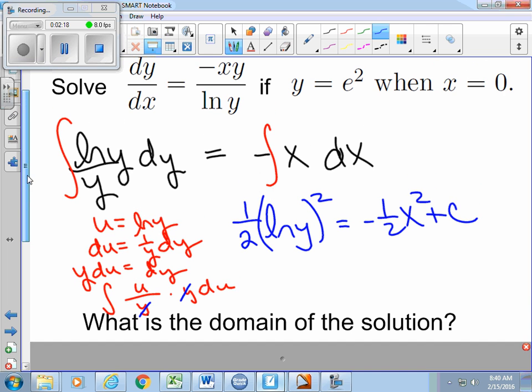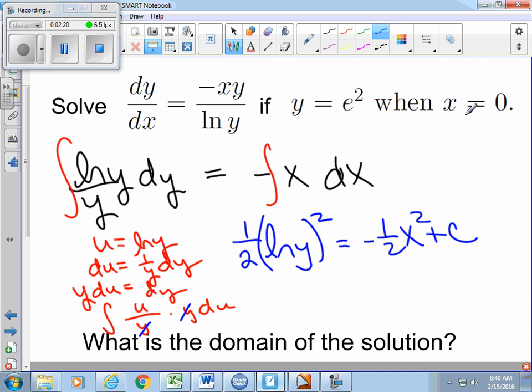I want to find c, so first thing I'm going to do is plug x and y in. So this one's a hard one. Got a lot of exponentials and logarithms and fun stuff. What happens to natural log and e? Cancel, so I just get 2 squared, which is 4. 4 times 1/2 is 2.